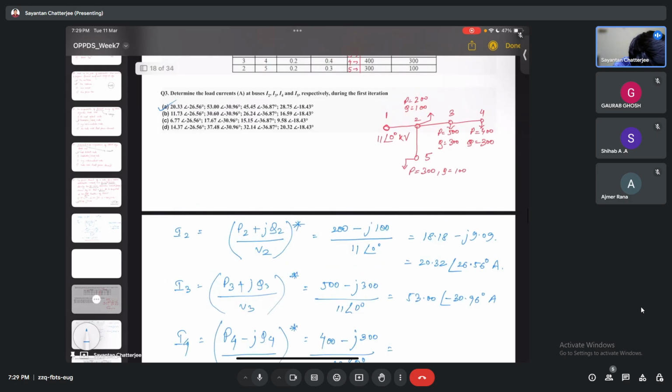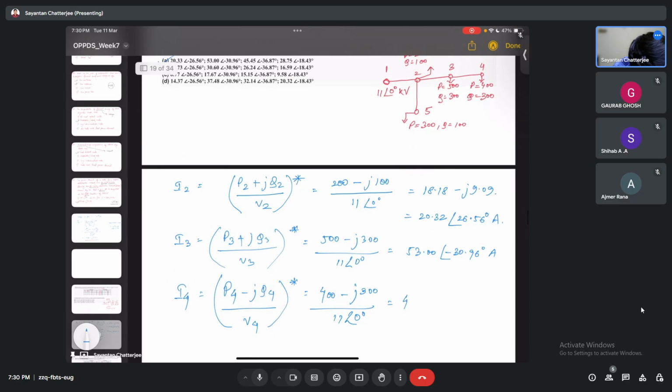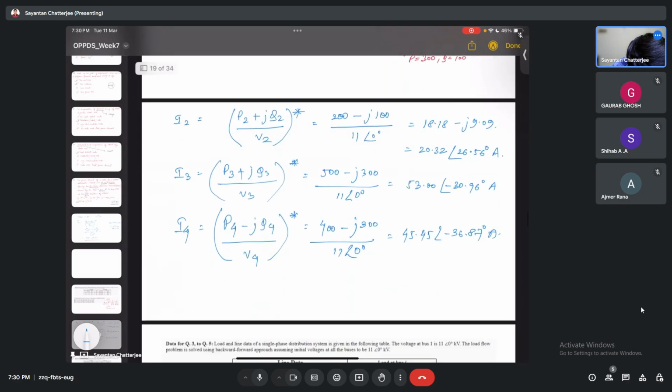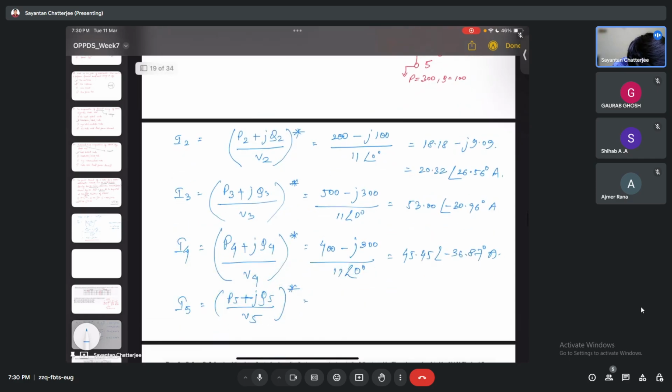This one will be 45.45 angle minus 36.87, and I5 plus minus 300 and 100.